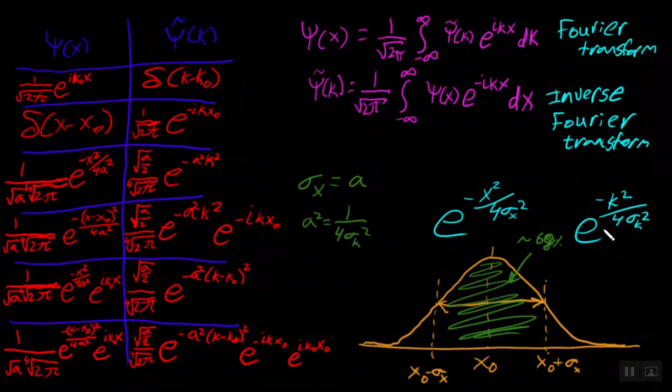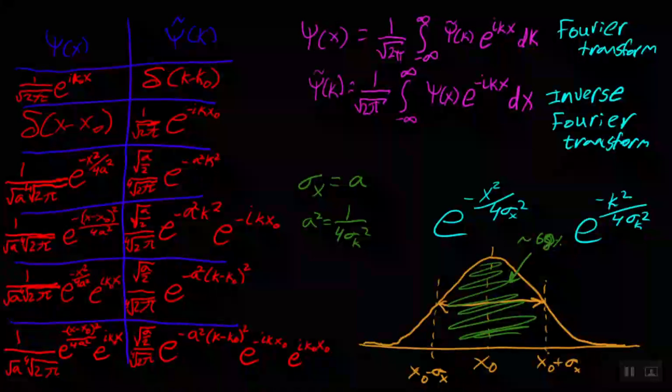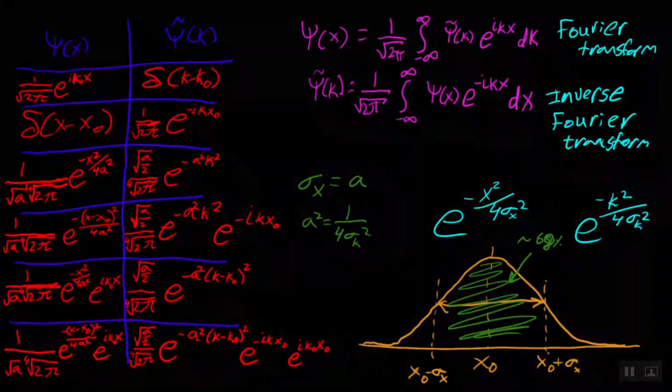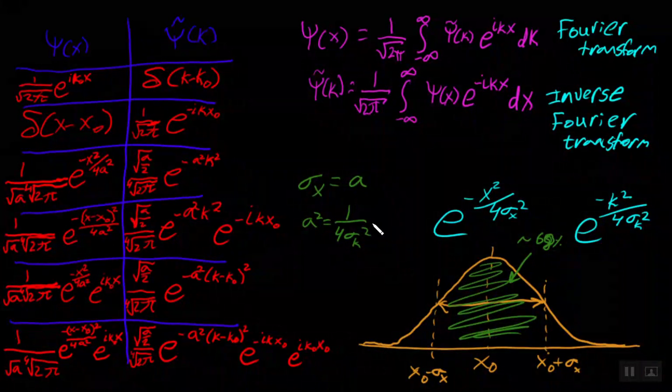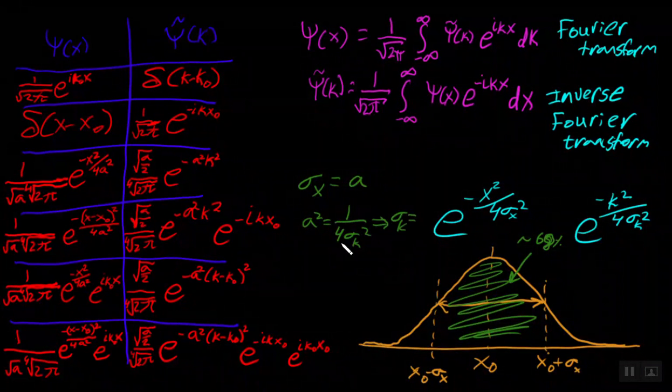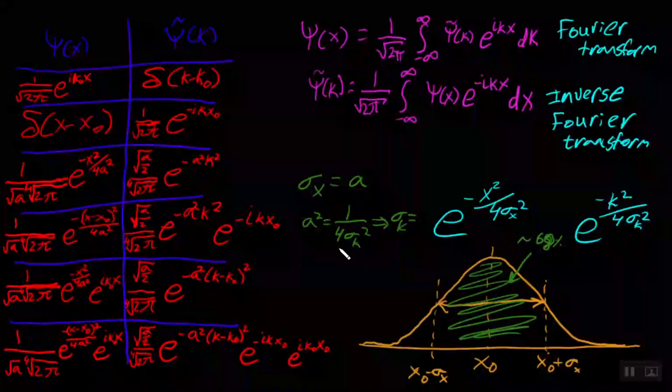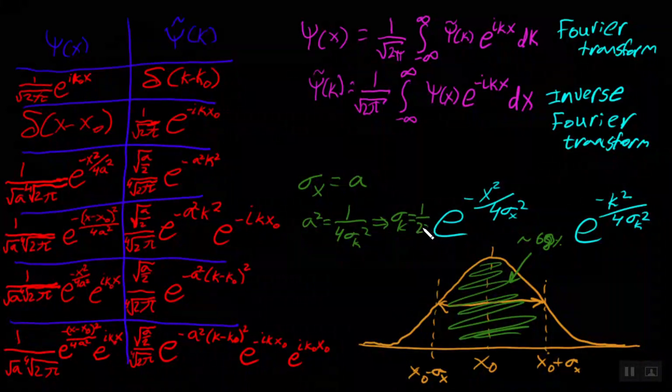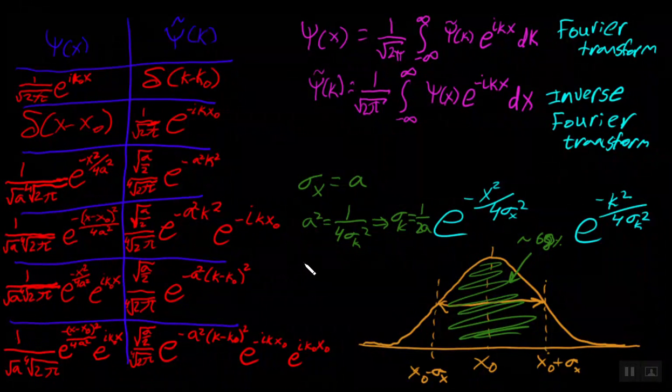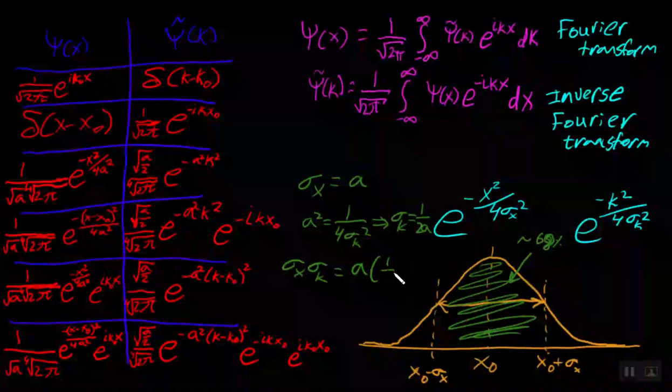If we match these up, we see that a squared is equal to 1 over 4σk squared, which means that, if we do the algebra, we multiply by σk squared, divide by a squared, take the square root, and we get σk equals 1 over 2a. And so σx σk is equal to a times 1 over 2a, which is 1/2.